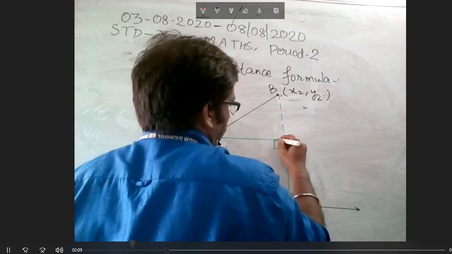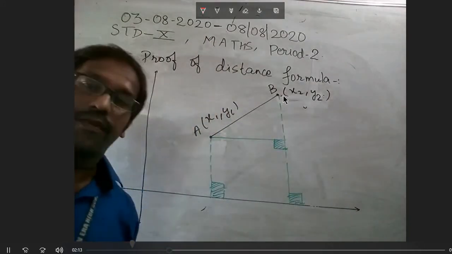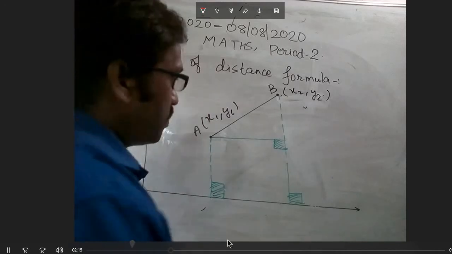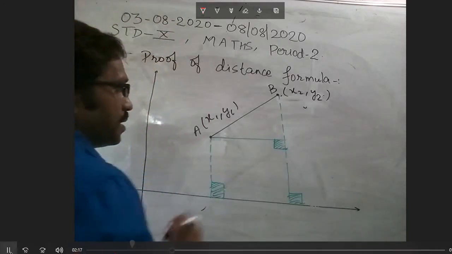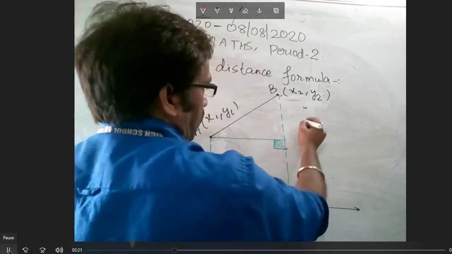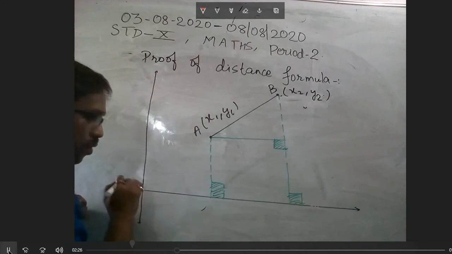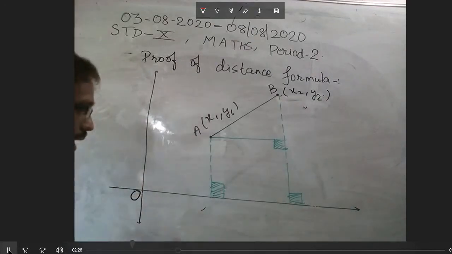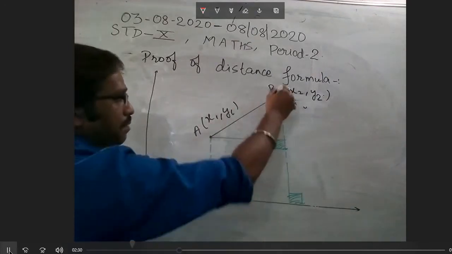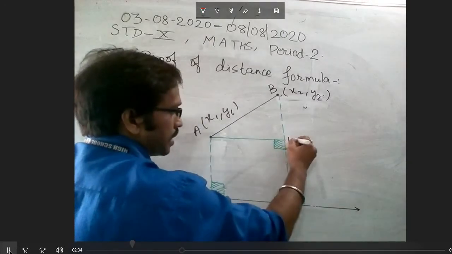Now I will draw one perpendicular on that line which is running through point B and the x-axis. Okay, now we have three perpendiculars here. Okay, let me add the names also. A, B, C, D, and that point will be E also. This is C, this is D, and this is E here.